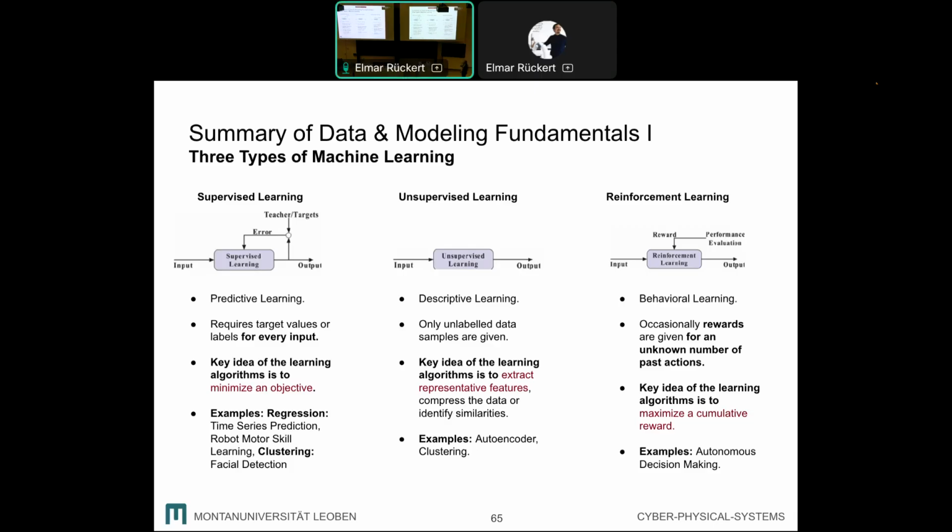And the last category is reinforcement learning, which is among the most challenging types of learning algorithms, because here we get a reward signal, a sparse reward signal from time to time. So maybe after one action, maybe after 1,000 actions, and then you have to decide what to do. The truth is actually designing these reward functions can be as complex or even more complex than training the reinforcement learning algorithm itself.